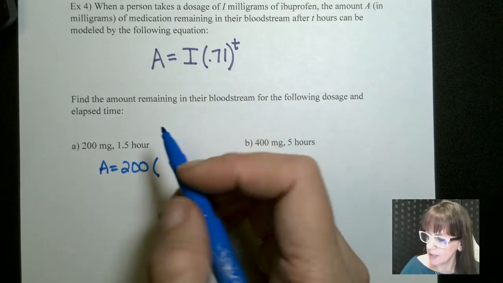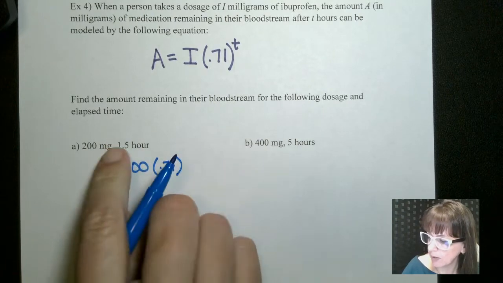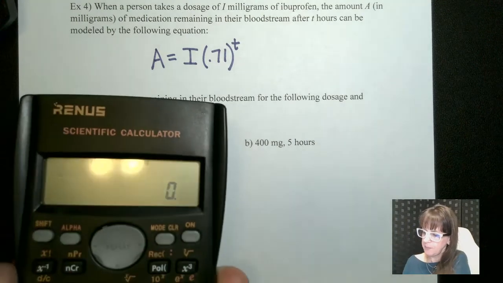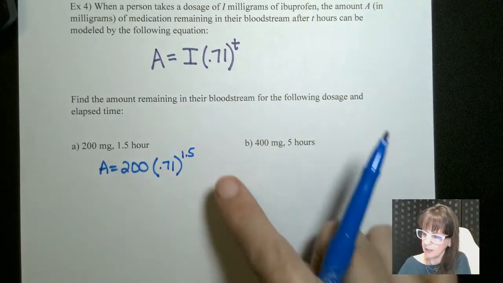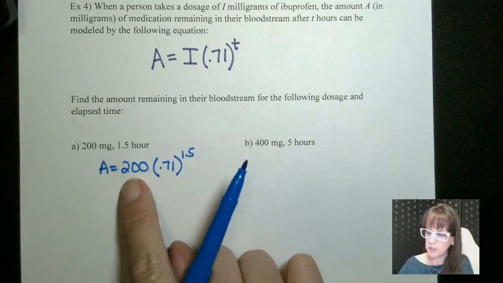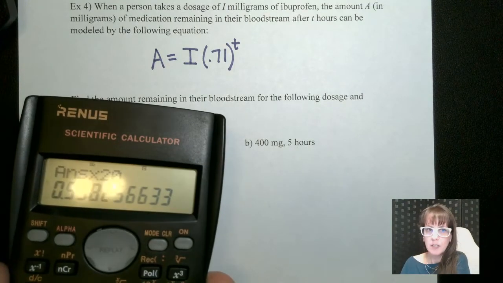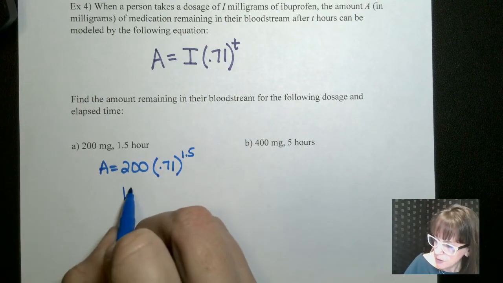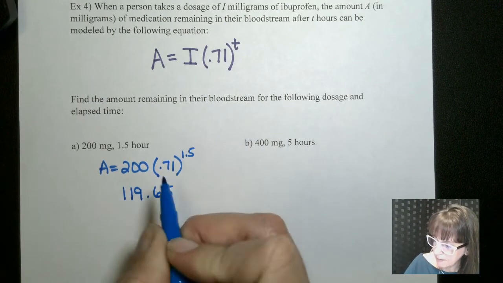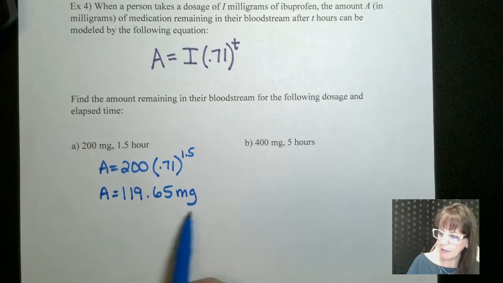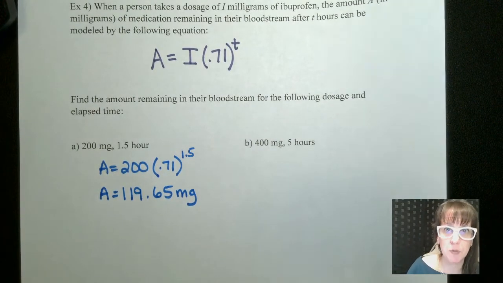So we've got 0.71, and then we've got 1.5 hours. So 0.71 to the 1.5 gives us that number. We're going to multiply that by 200. We end up with 119.65 milligrams remaining. So after an hour and a half, there's about 120 milligrams remaining.